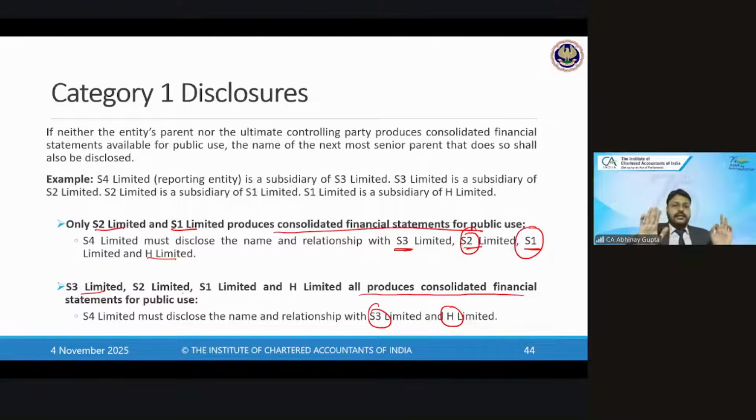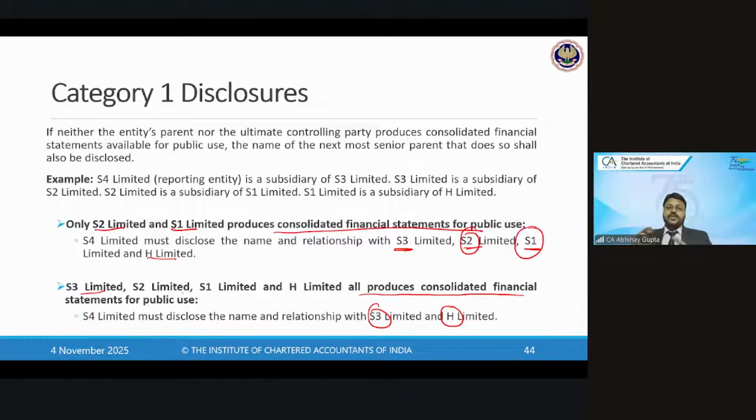If all of them say they are okay, with no single objection, then I can skip the preparation of CFS. You will study that under 110, but by virtue of those implications, the related party disclosures are also getting impacted. That's why we are talking about this.